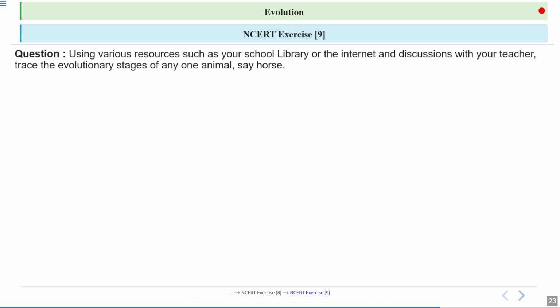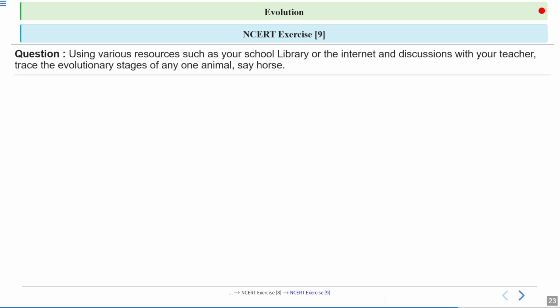If the species is not able to adapt to the environment, then it will not survive. Okay, clear? And these variations are accumulated over the generations, and they lead to the formation of a new species. Clear?